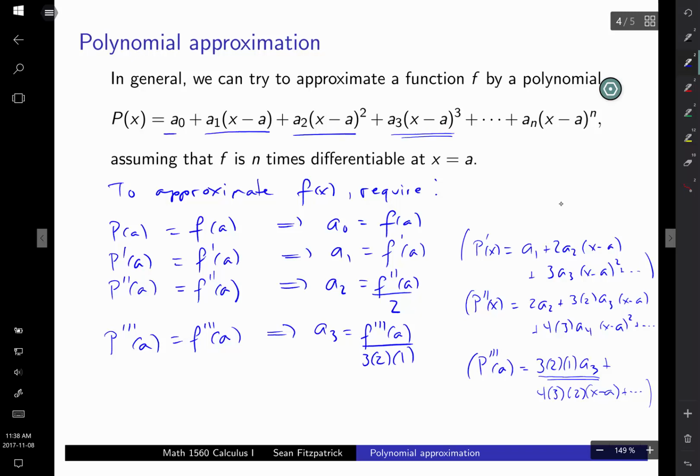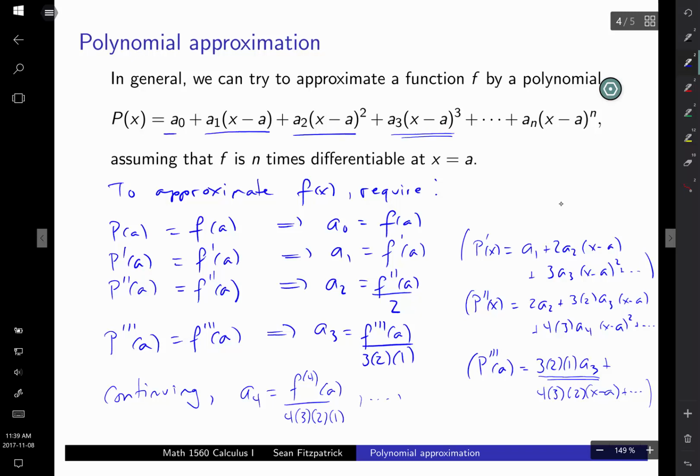And if you continue with this pattern, you find that A4 is going to be the fourth derivative at a over 4 times 3 times 2 times 1.